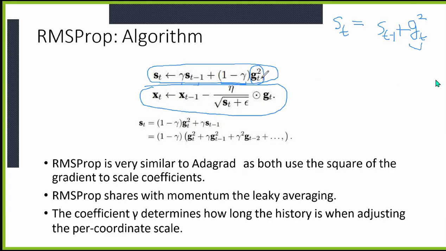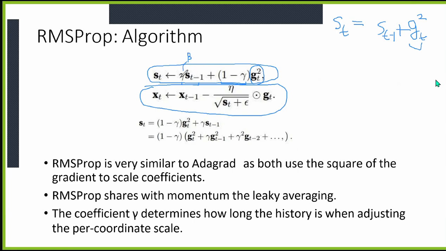we're having a moving average. So we remember from the momentum formula we saw the beta, right?